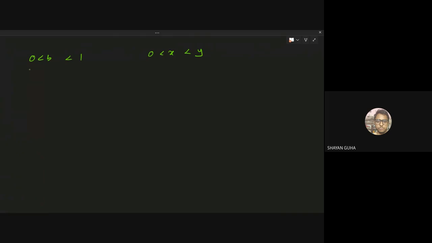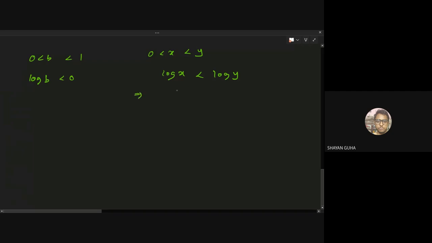Obviously, just as before, if I take log b, it will be strictly less than 0. And since log functions are strictly monotone increasing, log x should be less than log y. Now I can divide both sides by log b. By the same logic, since log b is a negative quantity, dividing is just like multiplying with the reciprocal.